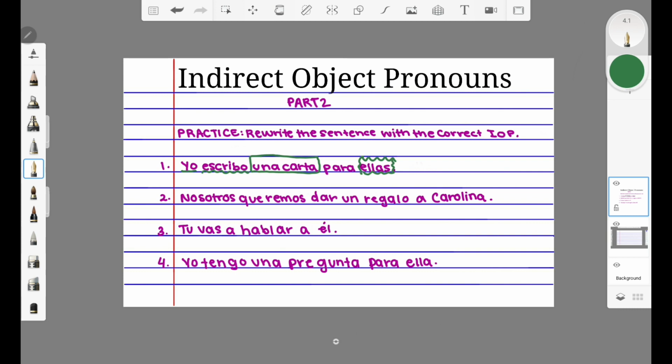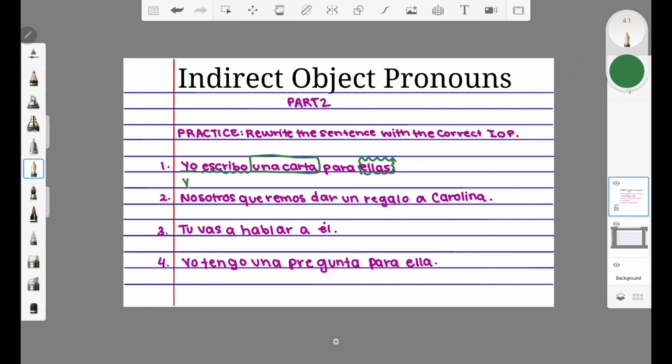Because if you were to ask the question, I write the letter to whom? To them, to ellas, para ellas, for ellas. So ellas is our indirect object pronoun, and if we think back to our IOP chart, me, te, le, nos, os, les. So our correct object pronoun is les.